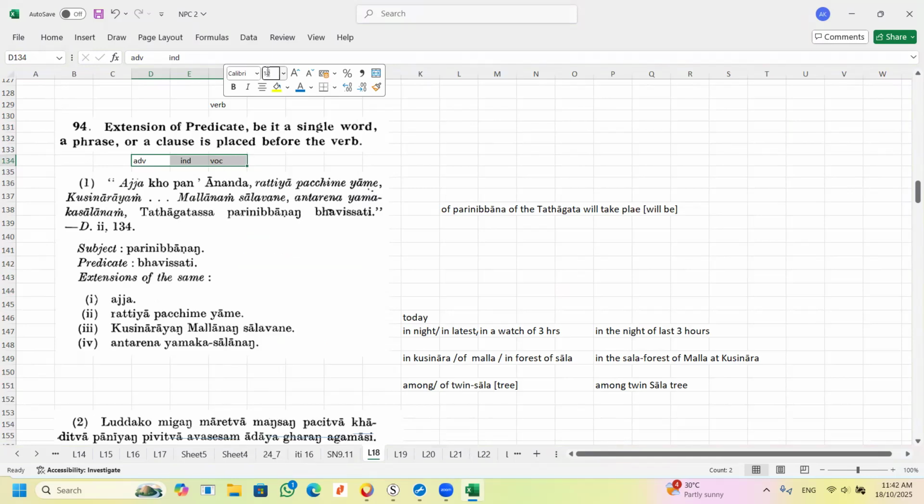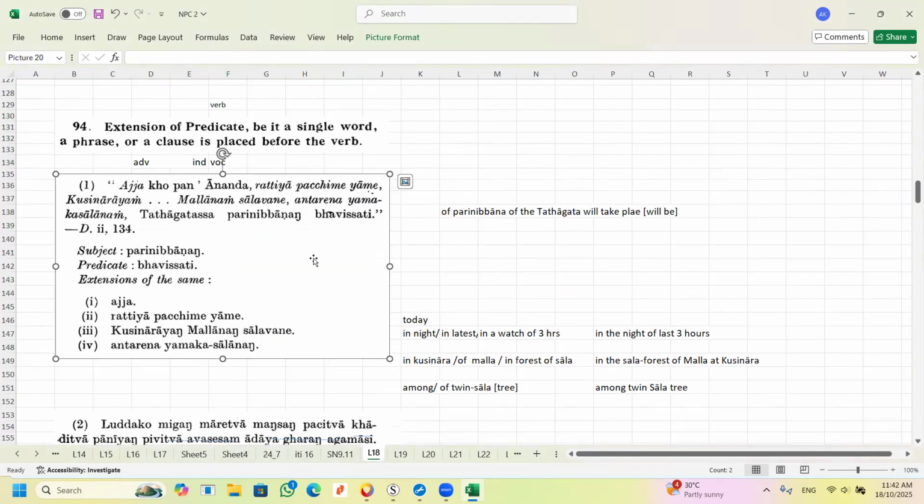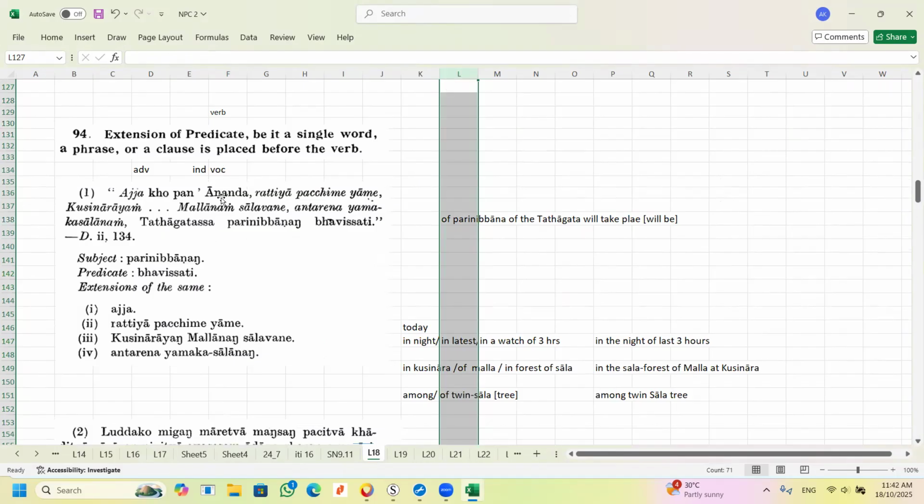Thirteen, I already sorted out this. Okay. Can you see this is vocative? This is in declension, and then the word pana can be now. So this is today, that is now, today and now.